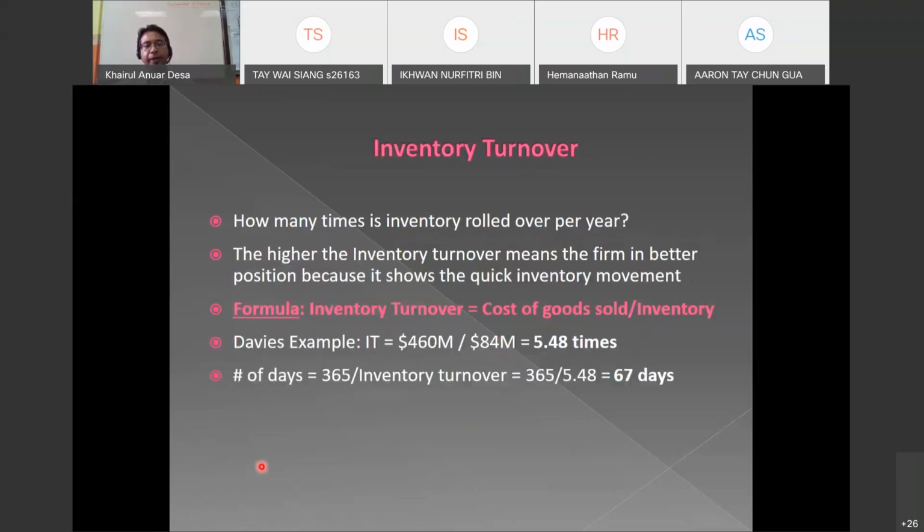Okay, inventory turnover. Okay, inventory turnover. I want to call Nur Syahirah Muhammad. Are you here, Nur Syahirah? Boleh activate speaker sekejap tak?